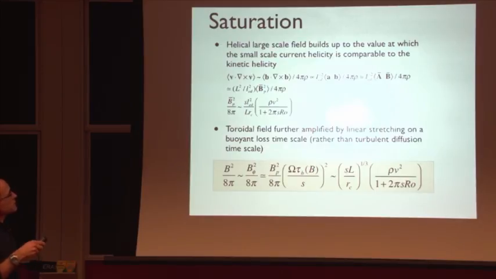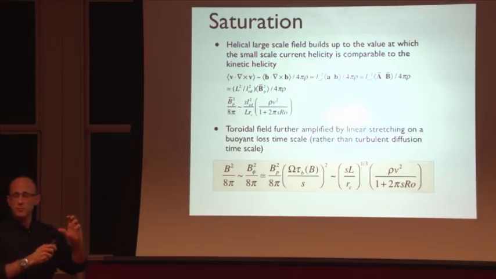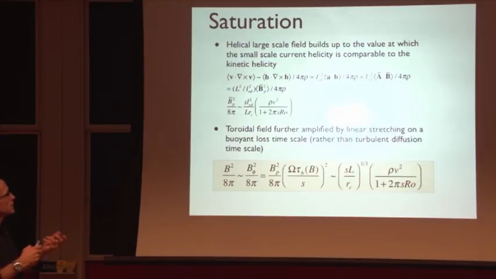So the first thing is the saturated field. There are two ways of thinking about how the field saturates when you solve this. One is that most of the helical part of the field is more or less equivalent to the poloidal field.